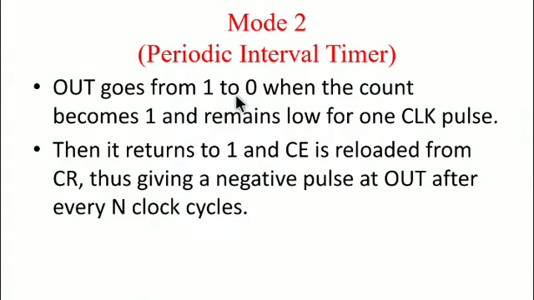What about mode 2? It is the periodic interval timer. OUT goes from 1 to 0 when the count becomes 1 and remains low for 1 clock pulse. Then it returns to 1 and the CE is reloaded from CR, thus giving a negative pulse at OUT after every n clock cycles.